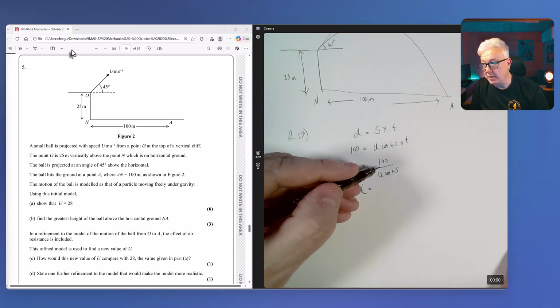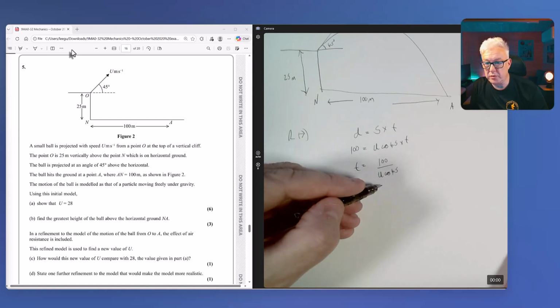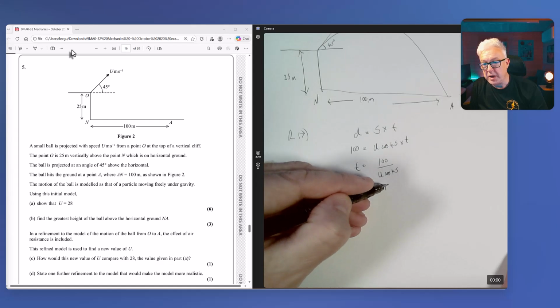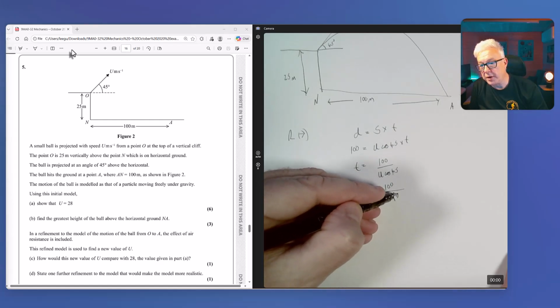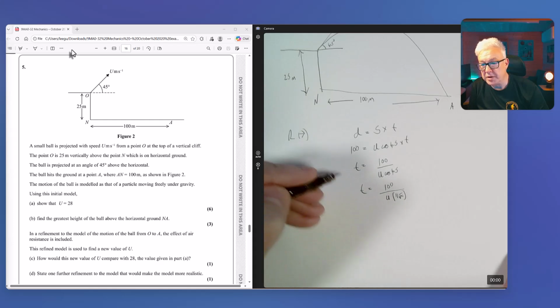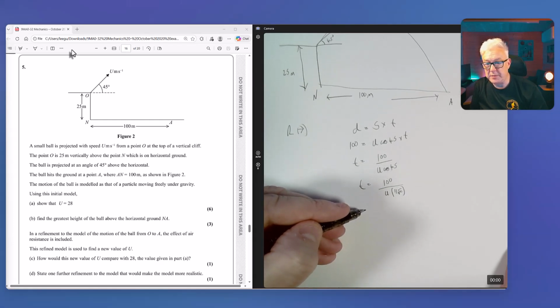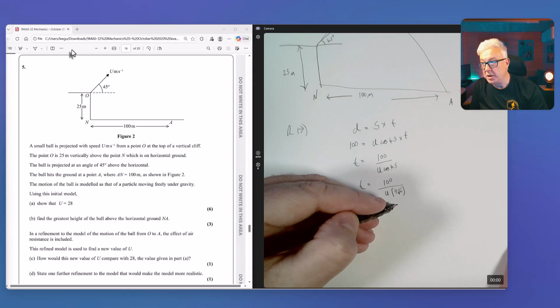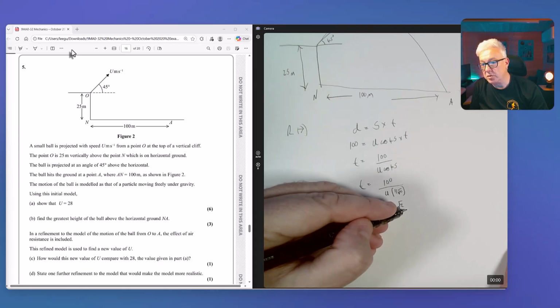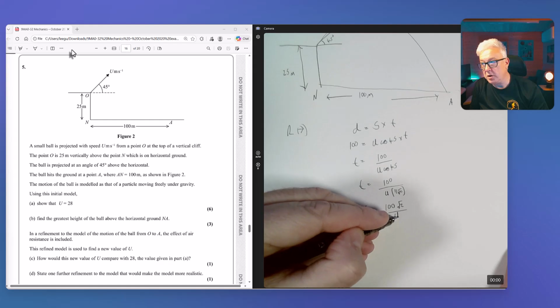So we have 100 over u times 1 over root 2, but dividing by a fraction is the same as multiplying by the reciprocal. So that's the same as 100 root 2 over u.